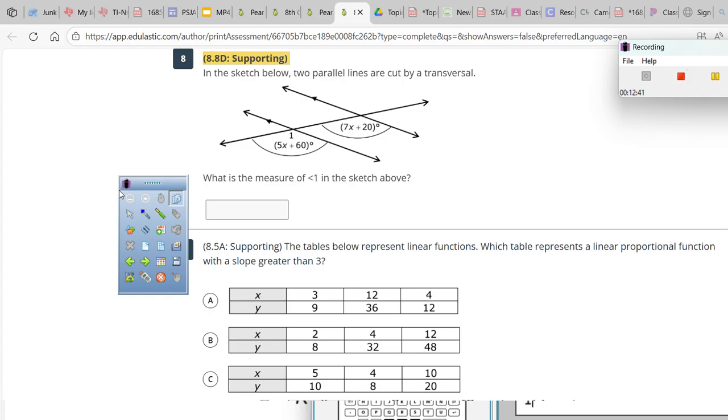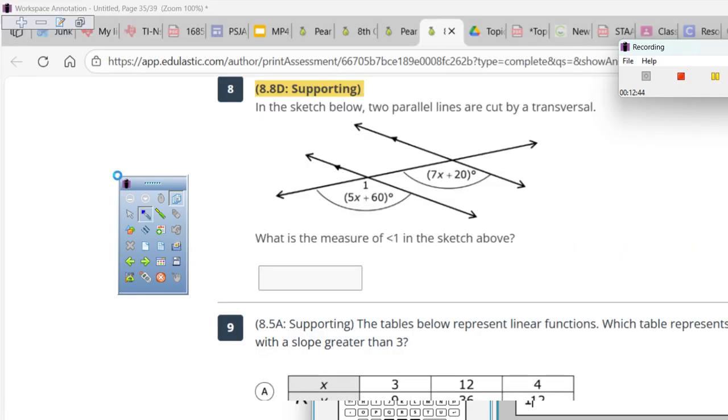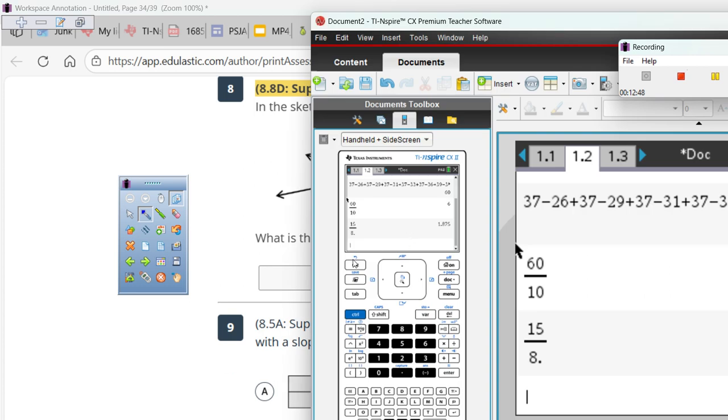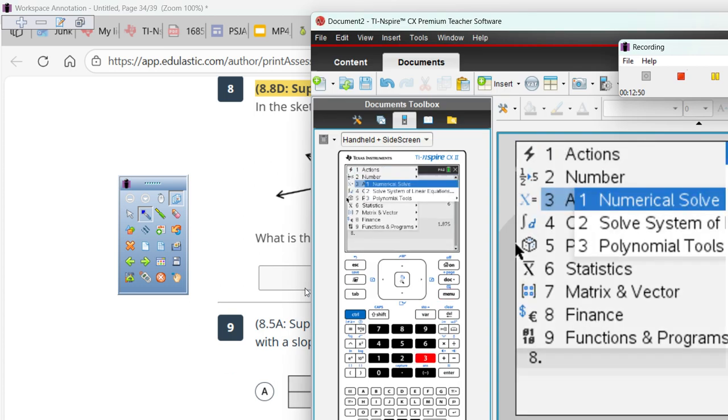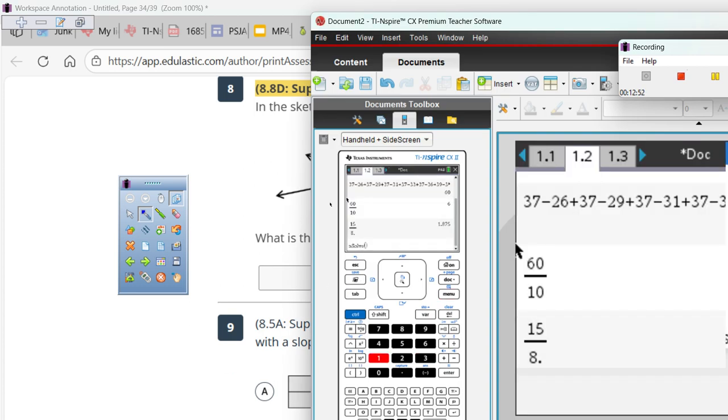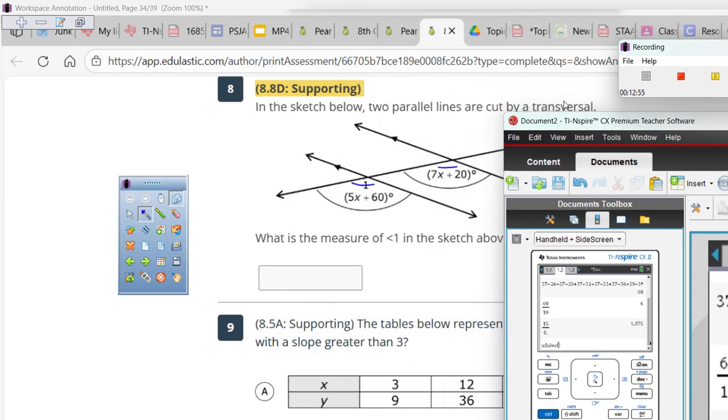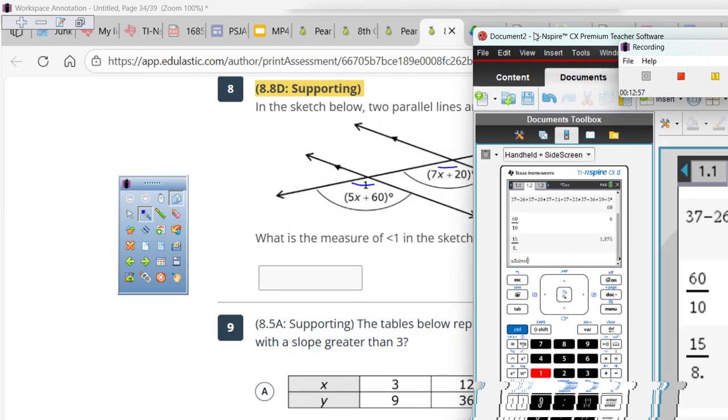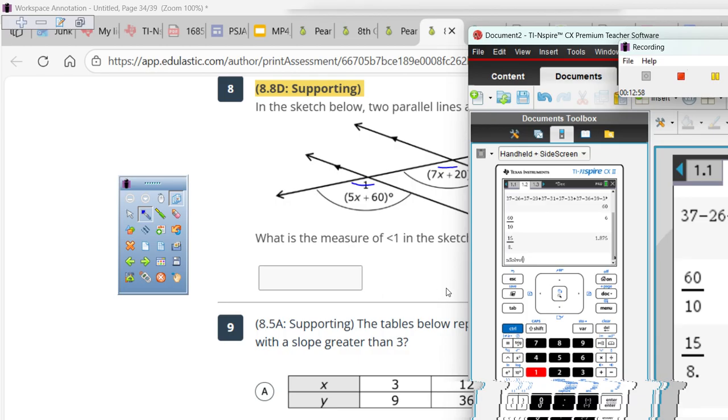I'm going to go to my advanced menu, 3, 1, and type in the equation: 5x plus 60 is equal to 7x plus 20, comma, x.